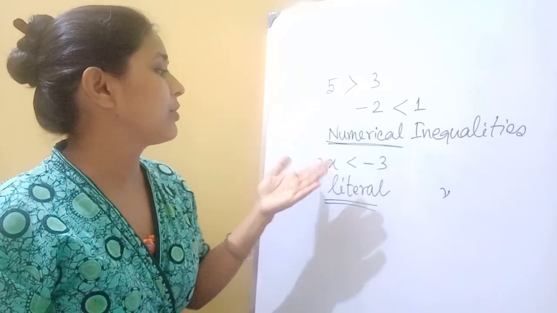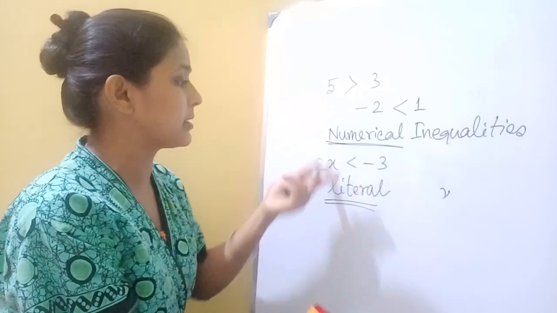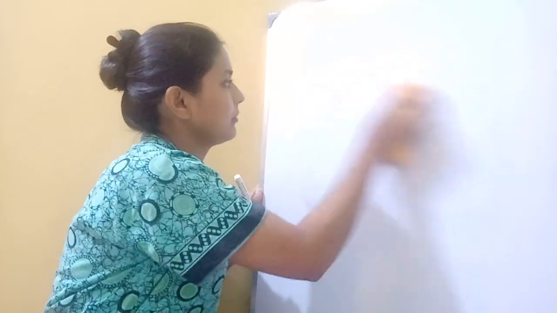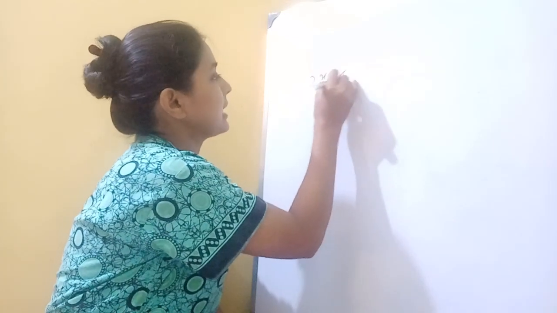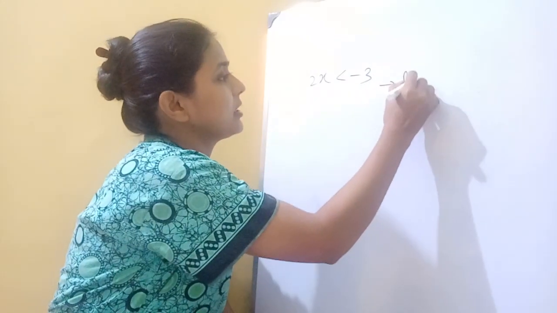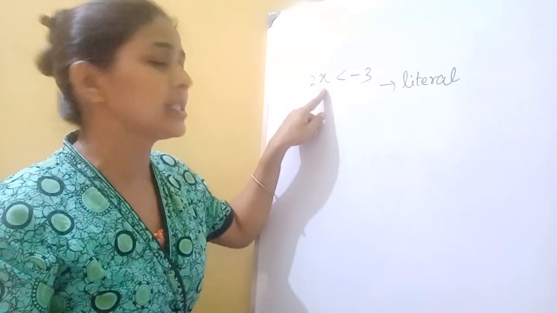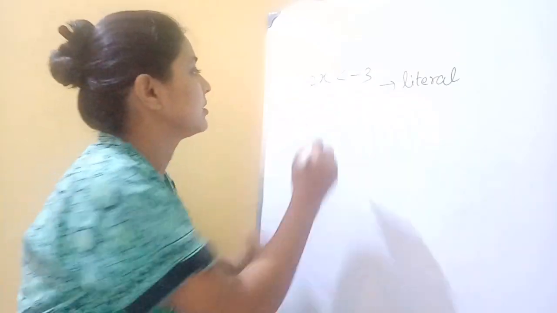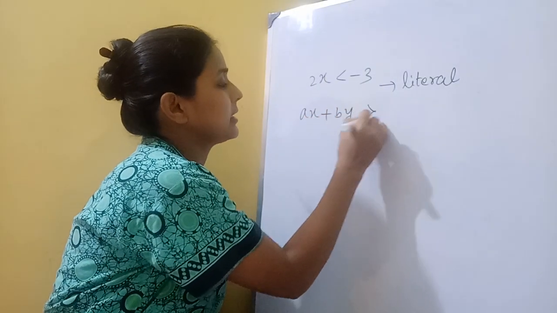Now inequalities can be expressed in different forms of numbers and variables. Think about what I wrote, 2x less than minus 3. This is a literal inequality in one variable because x is there. Think about ax plus by greater than c.